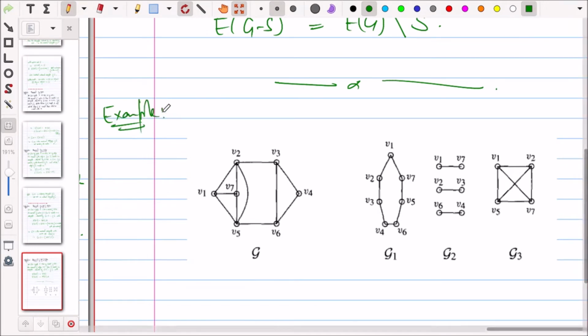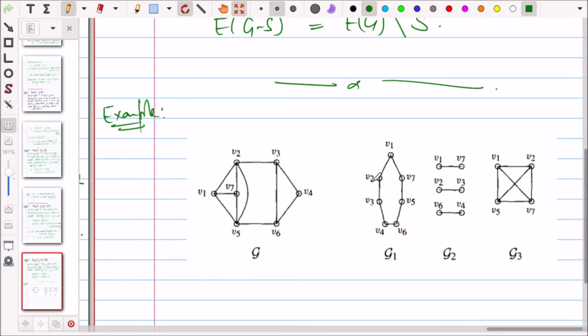So first check whether G1 is a subgraph of G. Is G1 a subgraph of G? पहले vertices check करो, सारे हैं. V1 is there, V2 is there, V3, V4, V5, V6, V7, right? So all the vertices are there.